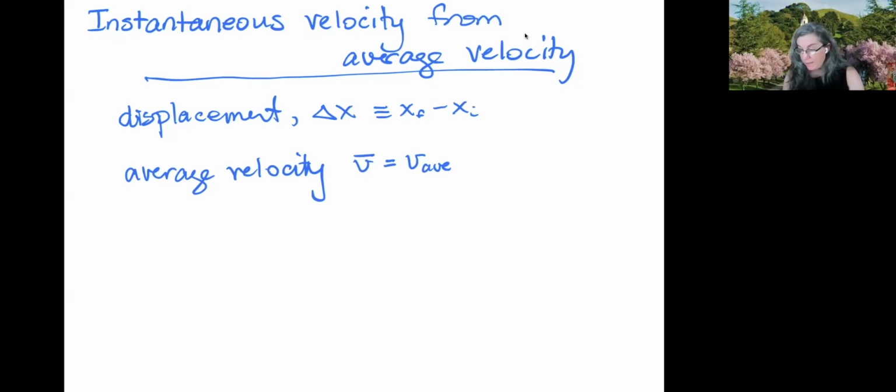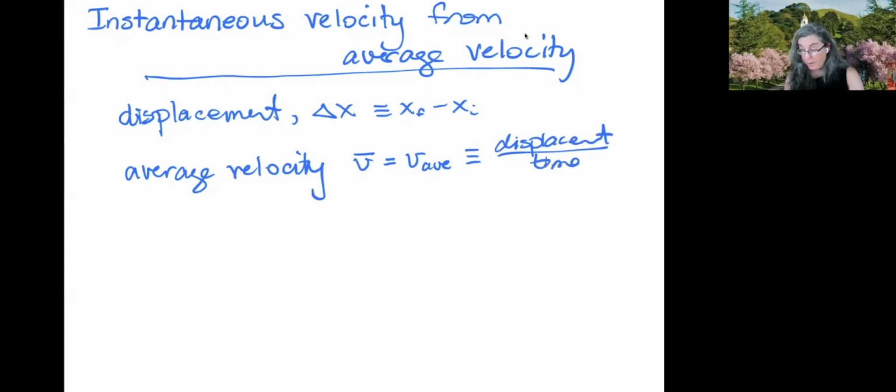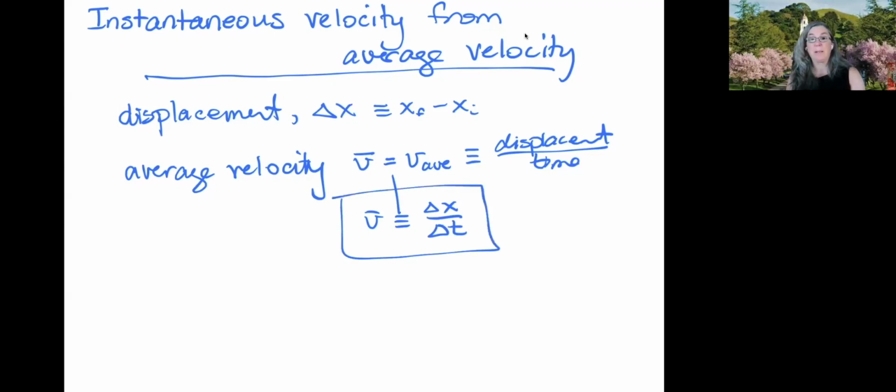And then we have that defined, in words, as displacement over time. And we just talked about what the symbol for displacement is, so we could also rewrite that as delta x over delta t. I don't know if we've used the delta t for the time, but it's the same idea.